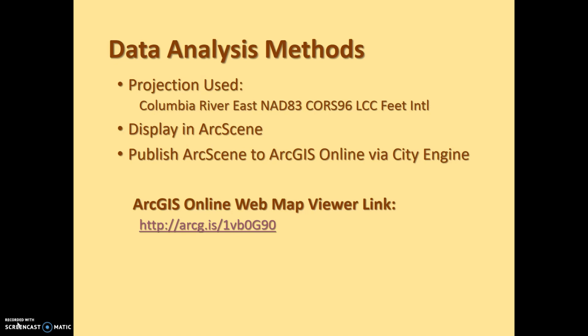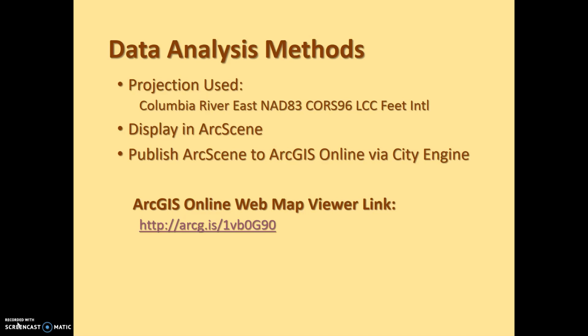I did all of my analysis in ArcMap and some data analysis in Excel or R. Then I displayed the map in ArcScene because I wanted to visualize the terrain in a 3D model and also use a swiping function.